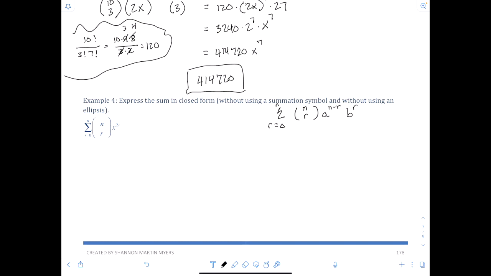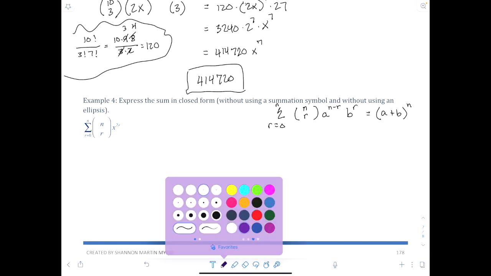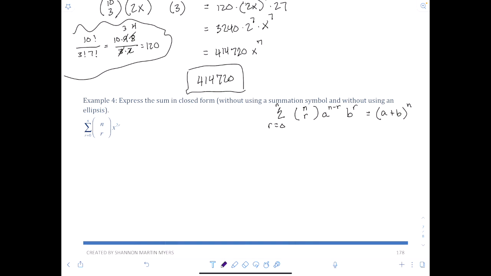That's what we want it to look like, because that is going to equal the quantity a plus b to the n. So that's the evil plan. So working on it, how could we rewrite this x squared business, this x raised to the 2r?